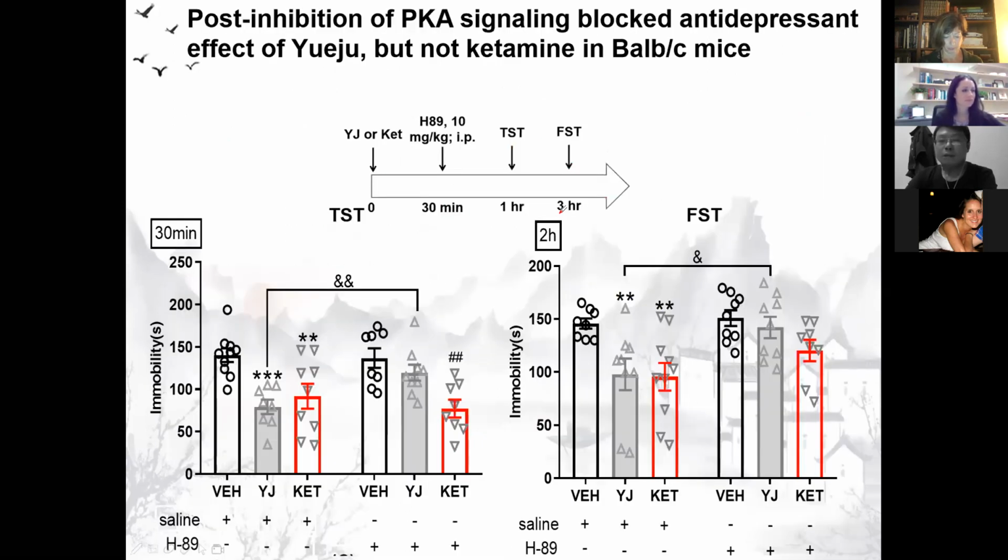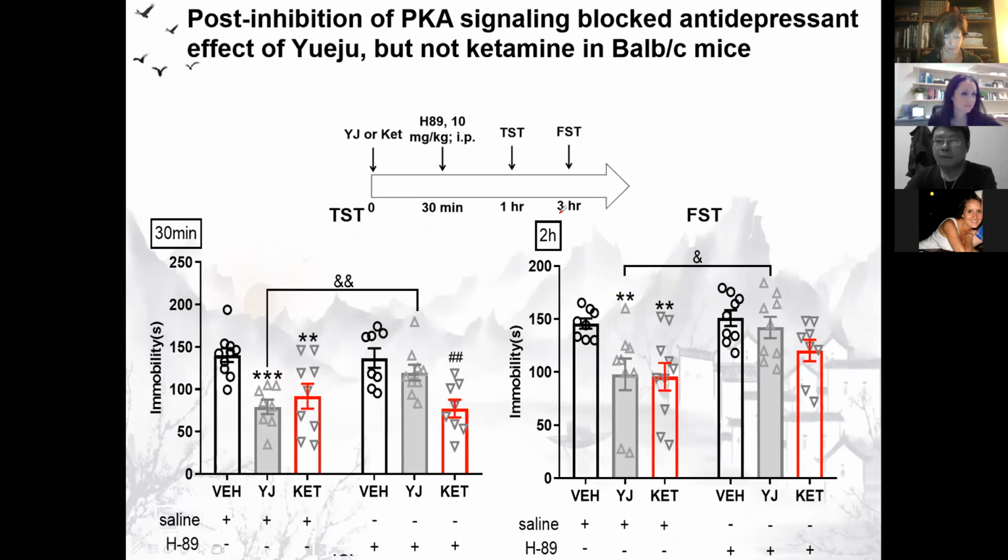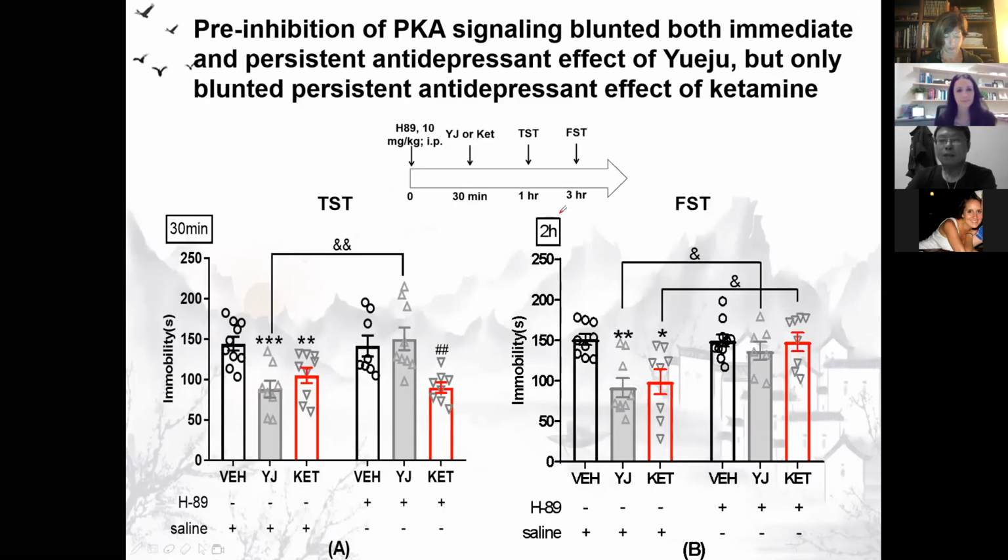Finally, mice were treated with H89, a PKA antagonist, before or after yuezhi treatment, and the effect of H89 was also tested on ketamine. We found that the immediate and persistent antidepressant effect of yuezhi was blunted regardless of the time of H89 treatment.